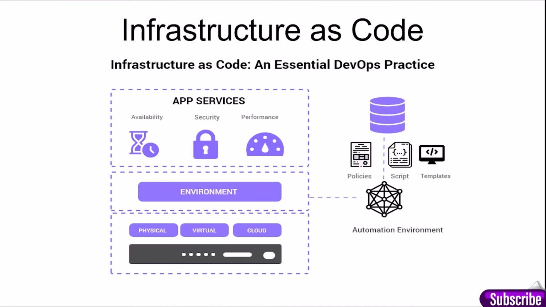So a DevOps team can automate the creation of environments and virtual machines, and this will lead to high availability, high security, and high performance. DevOps teams typically define the policies, write the scripts, and use some templates using which these things can be created automatically in the runtime environment.